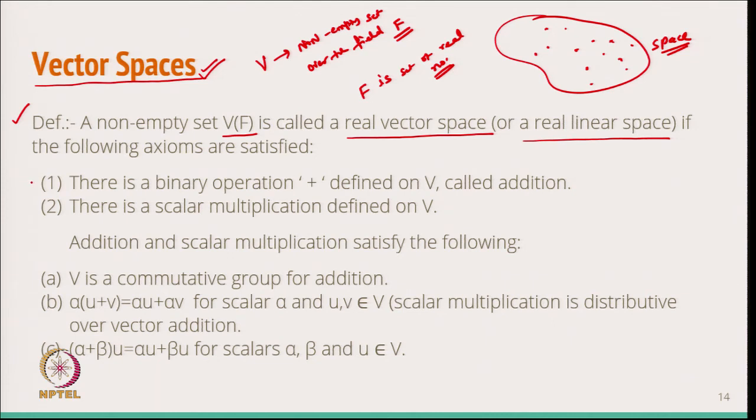The first part is that there is a binary operation, addition, defined on V, called addition or vector addition. There is also a scalar multiplication defined on V. In this space we have vectors, so where is the scalar multiplication?